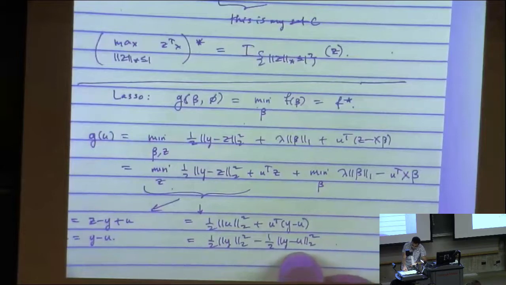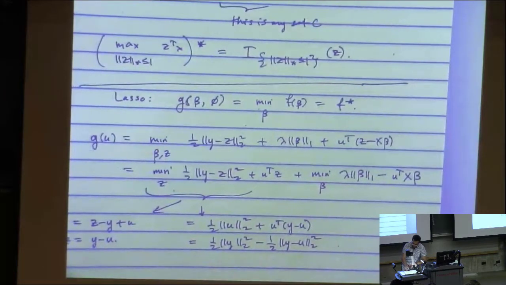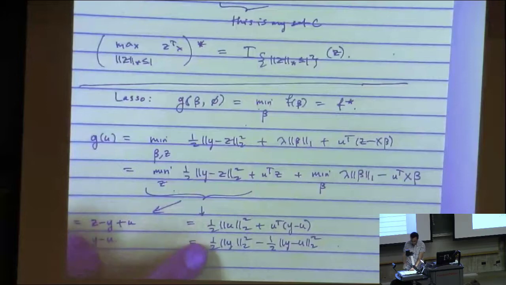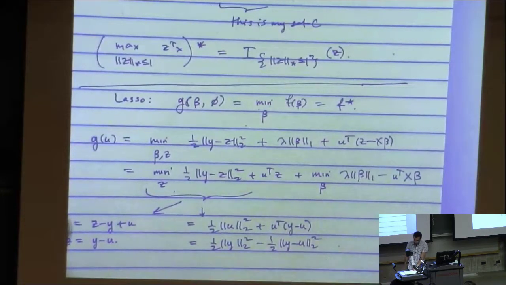Why do I get a positive here? No, that's correct. I get a minus a half u transpose u from here as well, and the 1/2 y transpose y cancels with this. Yeah, so these are the same. Okay, so I just decided to write it in the slide like this, but they're equivalent. It's just a quadratic in u.